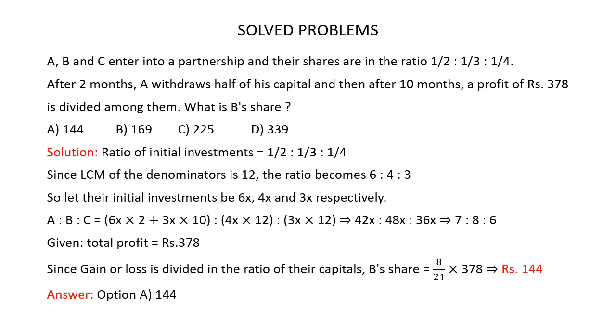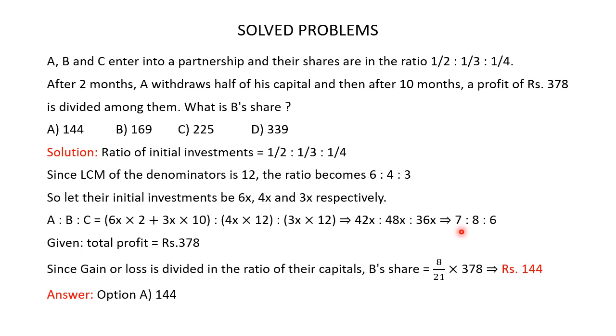Now it's given that the total profit is rupees 378. We know that gain or loss is divided in the ratio of their capitals. So rupees 378 is divided in the ratio of 7 is to 8 is to 6 among A, B and C.